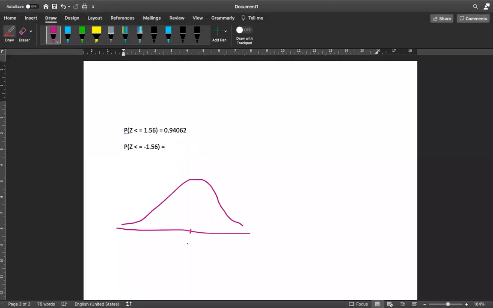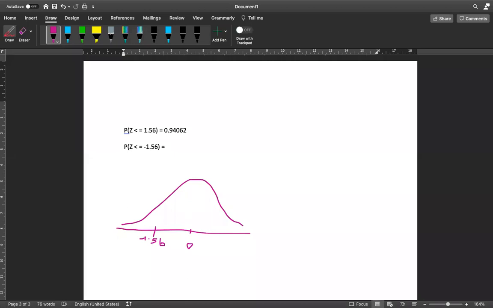So my 0 is still here. Where would the negative 1.56 lie, first of all? At the left side, please. At the left side, so somewhere here, right? Minus 1.56, isn't it? Yes, please.